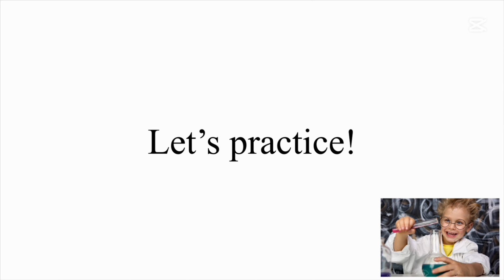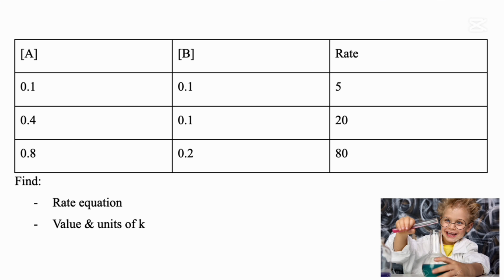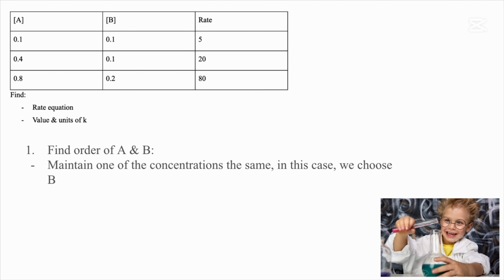So now that you know the basic concepts, let's practice with a little question. Here, we're given a table with the concentrations of substance A and B and the rate corresponding to the concentrations. We're asked to find the rate equation and also the value and units of k, which is a rate constant. So what do we do in this situation?